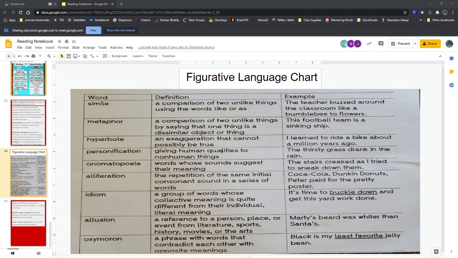So when they say that, do they really mean that they've known how to ride a bike for 1,000,000 years? No. It's impossible, right? That's too long a time. But what they're really trying to say is that they've known how to ride a bike for a pretty long time.